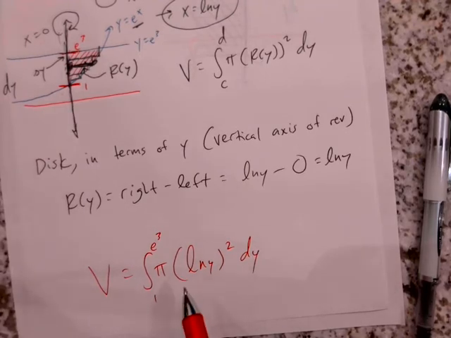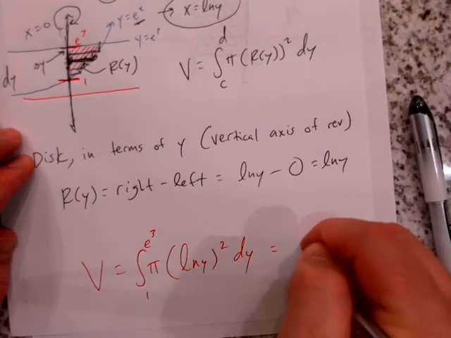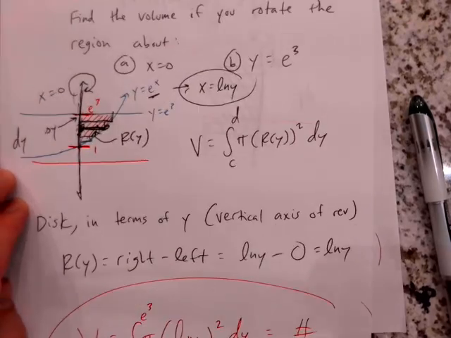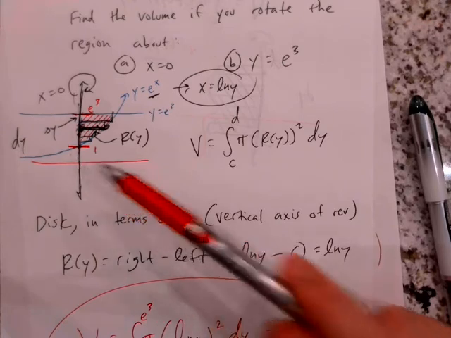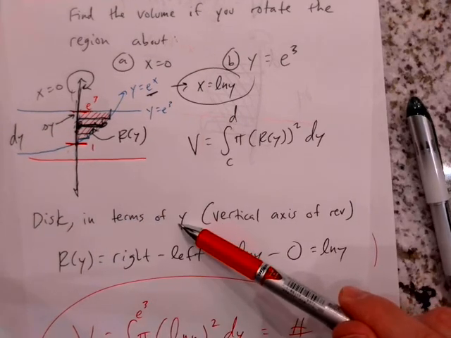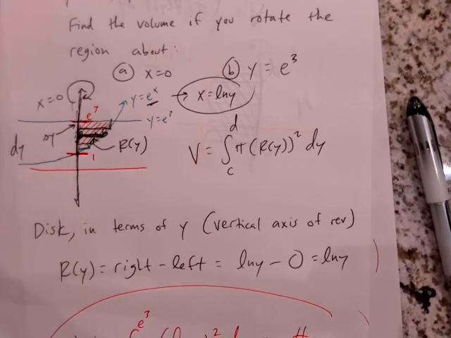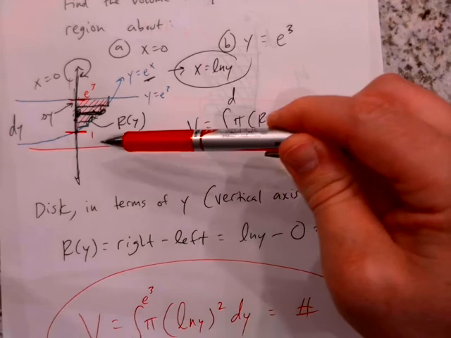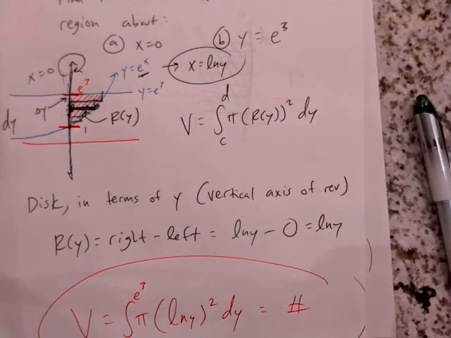Now we can't do this integral by hand. We could do it in a calculator or a computer, and it will give us some number. But the important part is that we used the disk method because there is no gap. We were in terms of y because we had a vertical axis of revolution, which will give us delta y. The bounds we find by where the region starts and where the region finishes.